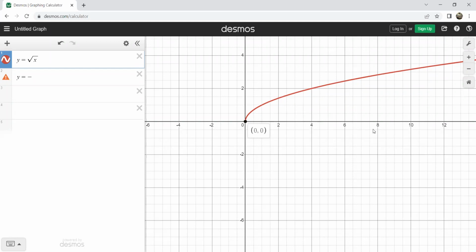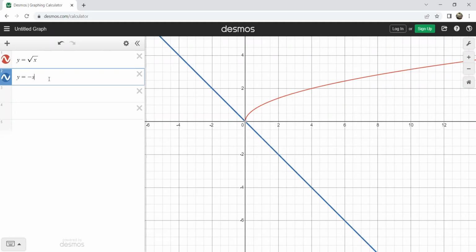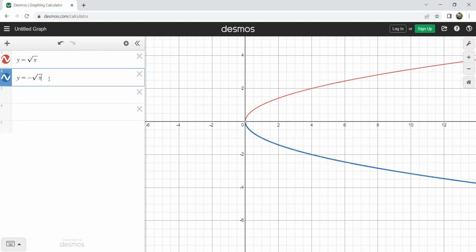This is the domain of your function. This is the graph. These are the y values. So now I'm going to multiply my y value by a negative sign. Ooh, take a look at this. Now I have reflection with respect to x-axis. My graph is reflected with respect to x-axis.